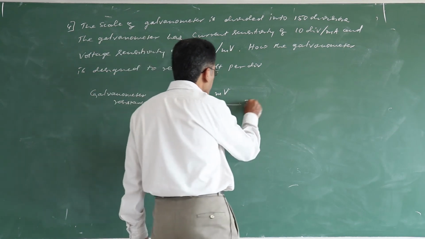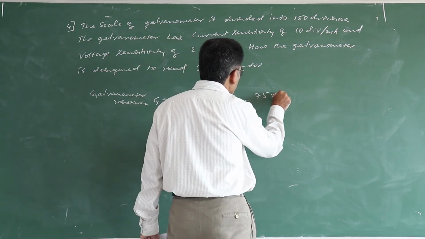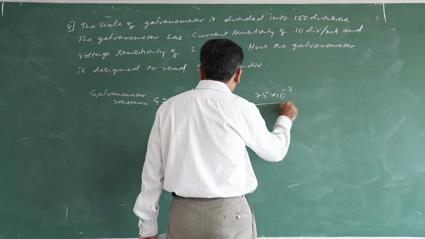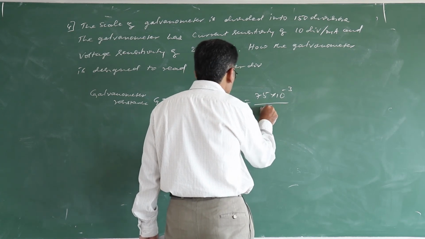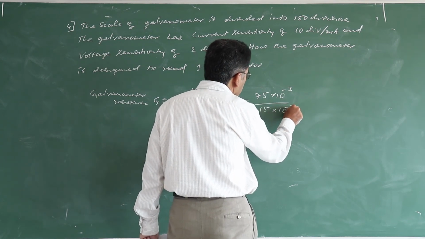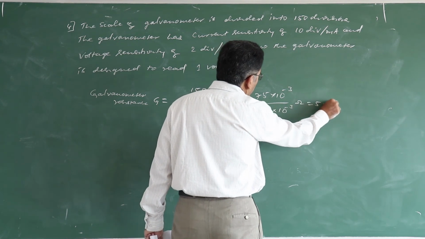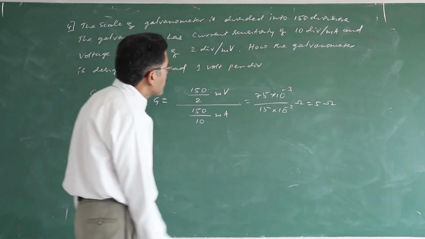This becomes equal to 75 into 10 raised to minus 3, divided by 15 into 10 raised to minus 3. Therefore 5 ohm is the resistance.